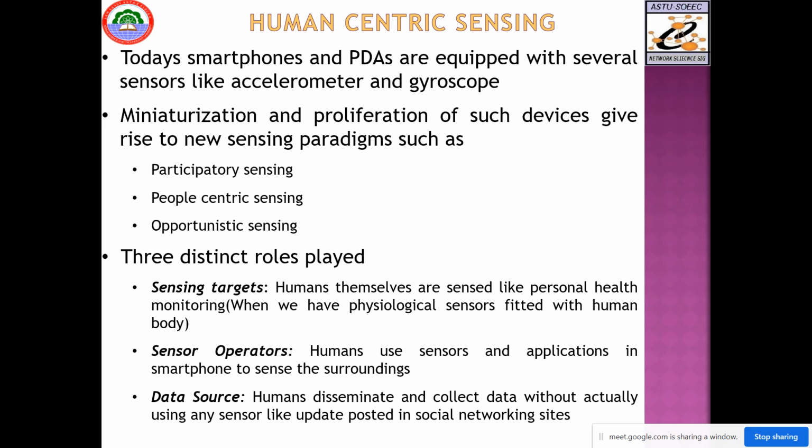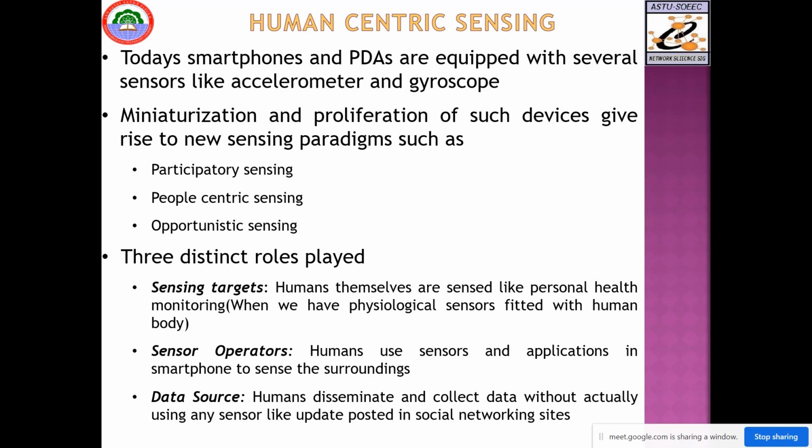The human is going to sense the environment in three ways called participatory sensing, people centric sensing, and opportunistic sensing. In this sensing, we have three distinct roles. One is called sensing target, one is called sensor operators, and one is data source. Sensing target means what the sensor is going to sense, for what purpose we deploy it.